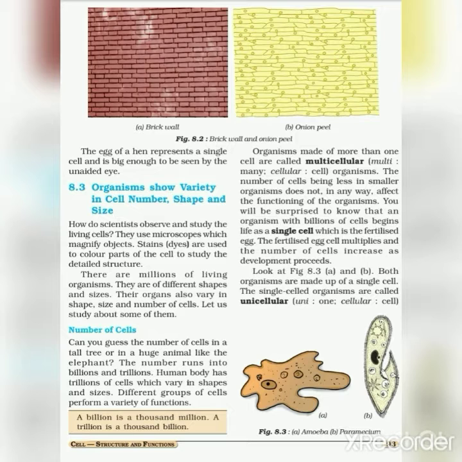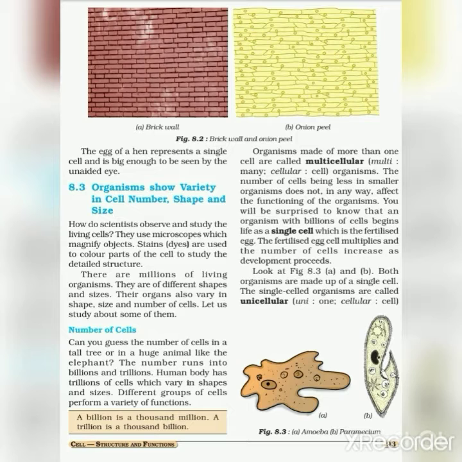Now, the number of cells is different in different animals. The human body has trillions of cells which vary in shapes and sizes. Organisms are unicellular or multicellular. Unicellular organism means the organism is made up of a single cell. Examples are amoeba and paramecium.